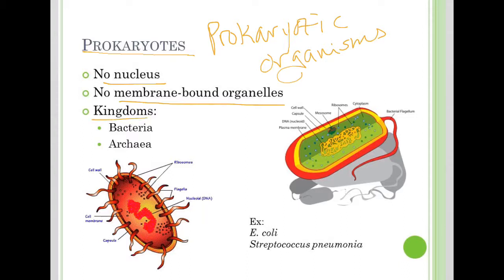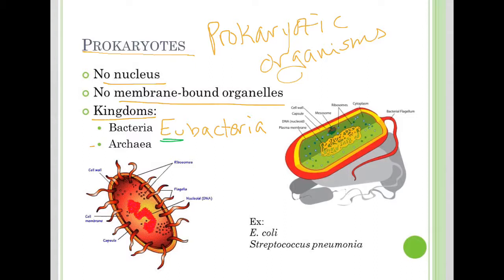And of the 6 kingdoms that we have, the prokaryotes are bacteria, or sometimes called eubacteria, again with that U prefix meaning true, and archaea, which are going to be extremophiles, things that like extremes.